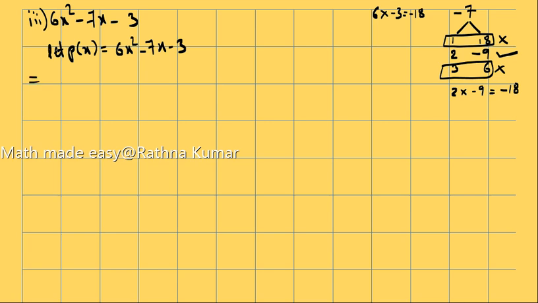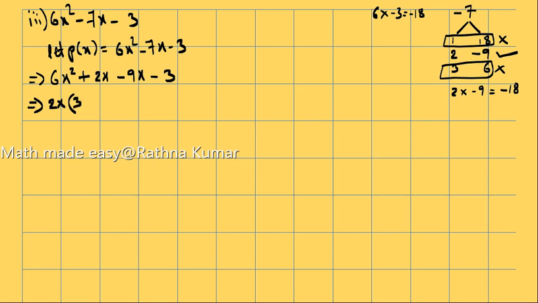So splitting this -7x in 6x², we should take 2 and -9. So 6x² + 2x - 9x - 3. Okay. So from these two we can take 2x as common. What will you get if we take 2x? 2 3s are 6.